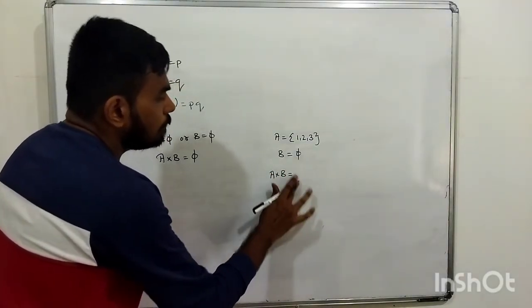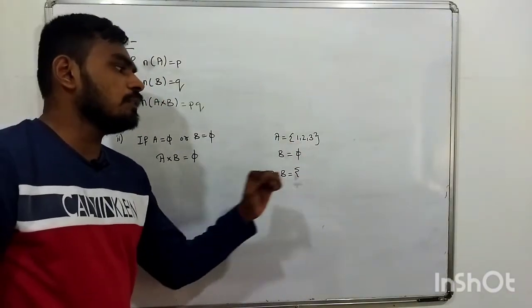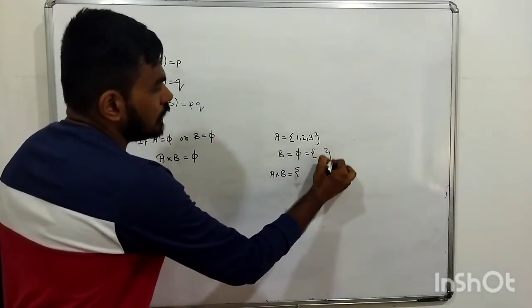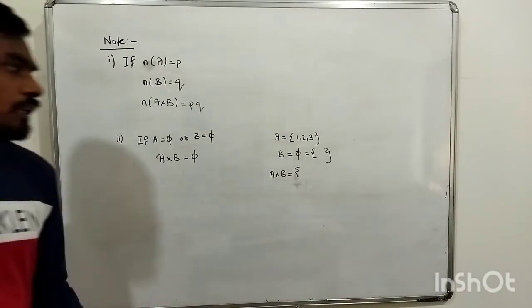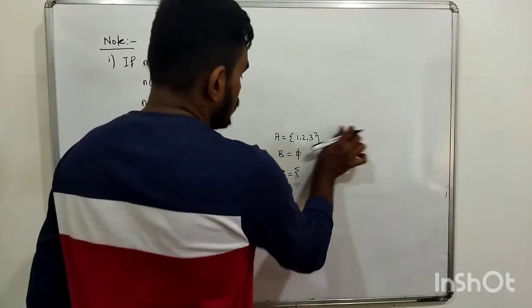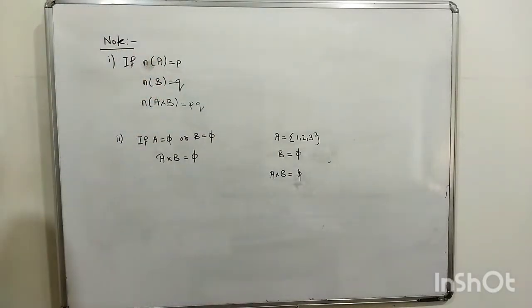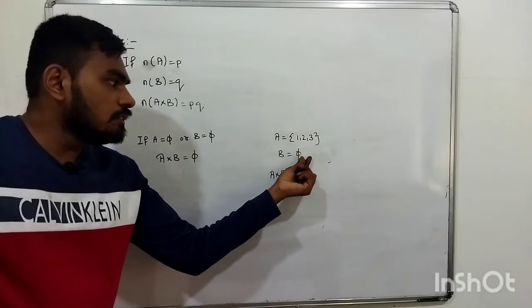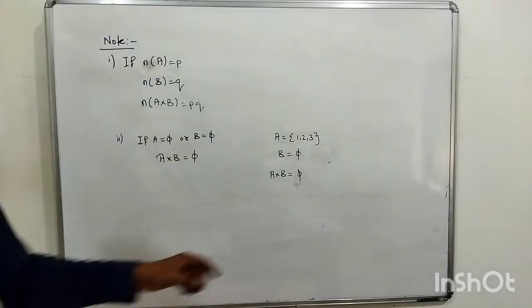We write the ordered pairs of elements of A and B, but in set B there is no element because it is an empty set. So we can't make any ordered pair. That's why this becomes the empty set. Element of this we can say 1, but which element will make a pair with that? There is no element here, so that's why it is empty.